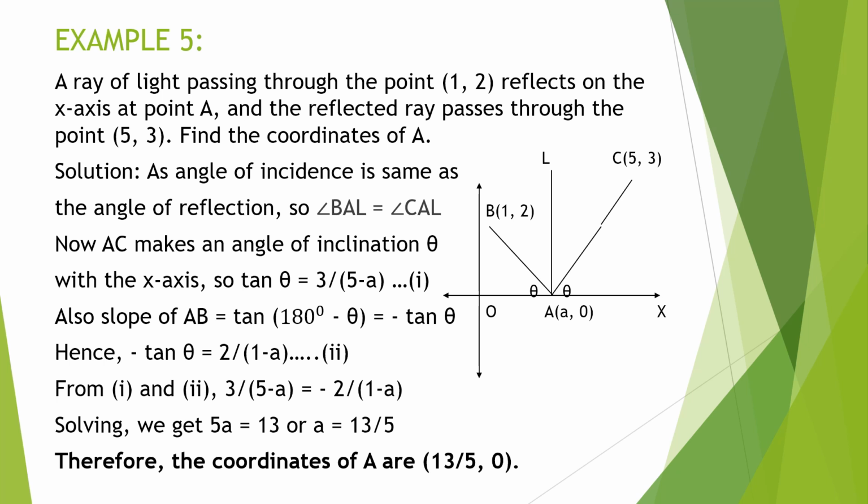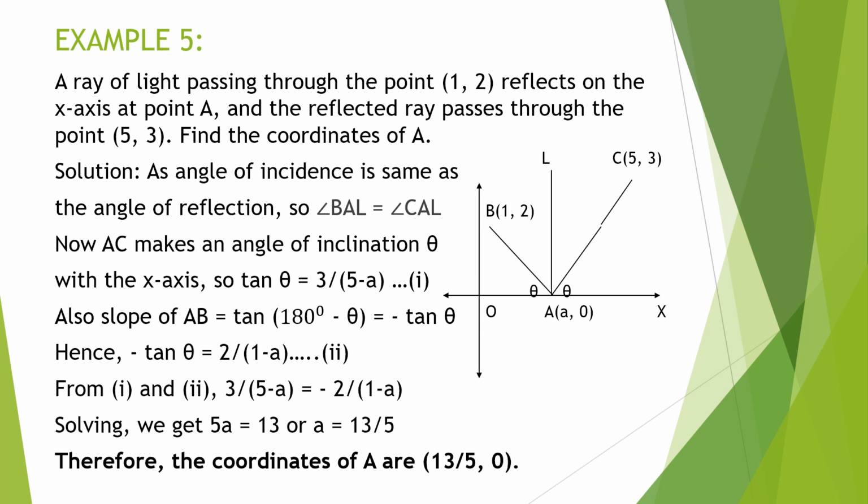Similarly, if I want to find the slope of line AB, it will be the tan of the angle of inclination BAX. Now the angle BAX can also be written as 180 degrees minus angle theta. You can see that from the diagram. So we can write slope of AB as tan of (180 degrees minus theta), which is nothing but minus tan theta.